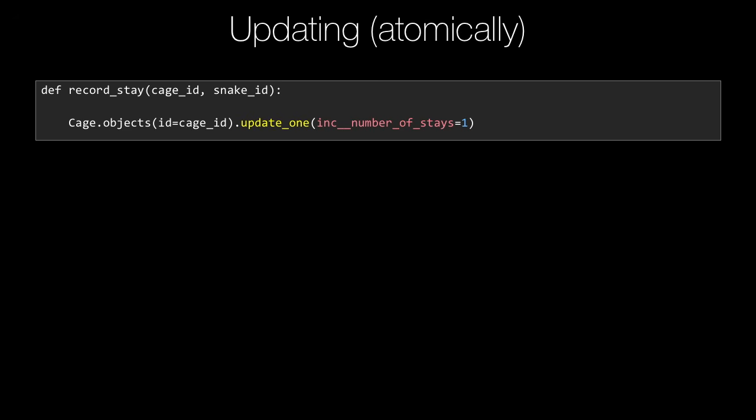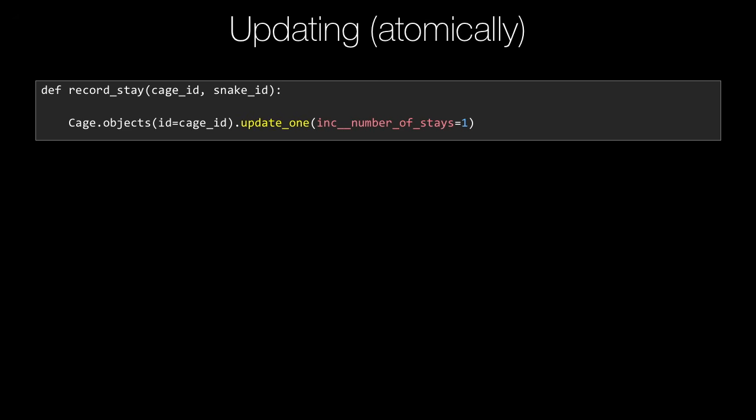While MongoDB and MongoEngine let us work with these documents, make changes, and push them back in, there might be a better way. So if we know that we want to just change some small part of the document in a very controlled way, we might want to use some of the atomic operators. So here, let's suppose that there's a number of stays field, which is an integer, in the cage. So we just keep track of how many times people have stayed at it.